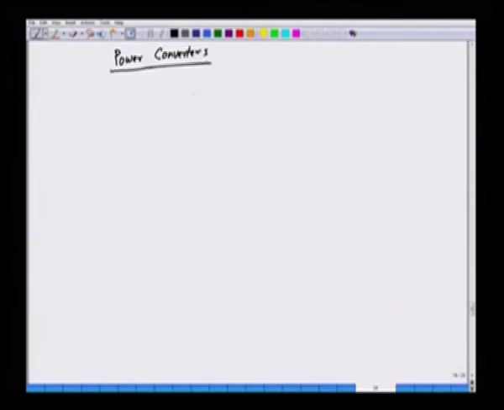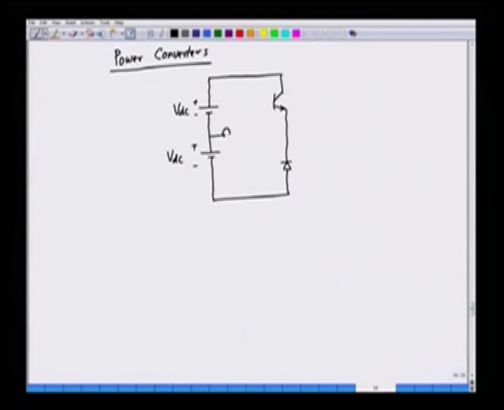A simple topology we have already discussed. We have two voltage sources and we have a transistor like this, we have a diode, this is VDC plus minus, and we have the phase inductance.